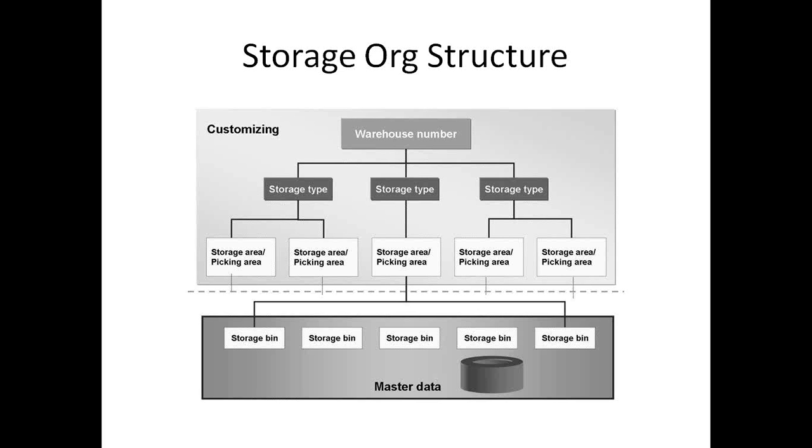Depending on the client's requirement, the purchase organization can be below or above the plant. It depends on the client's landscape. So normally in MM we stop at storage location.